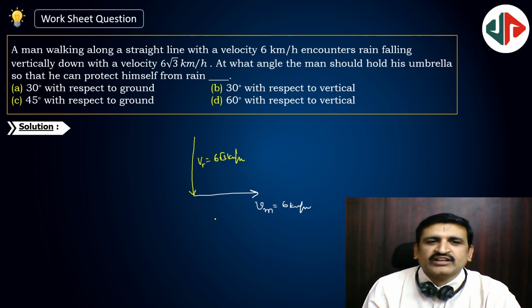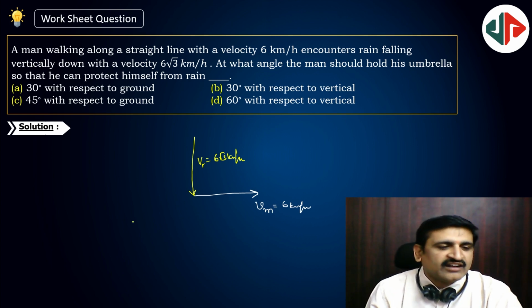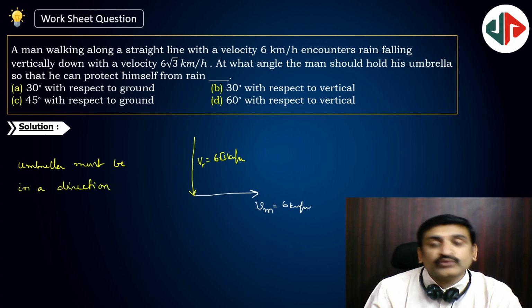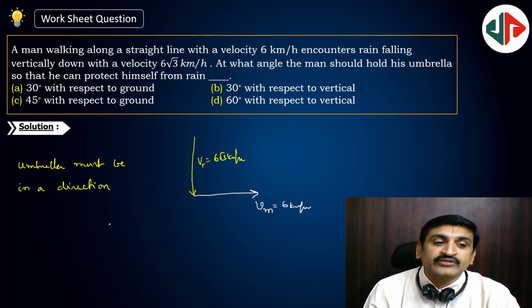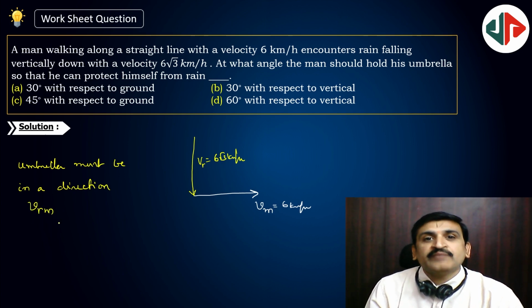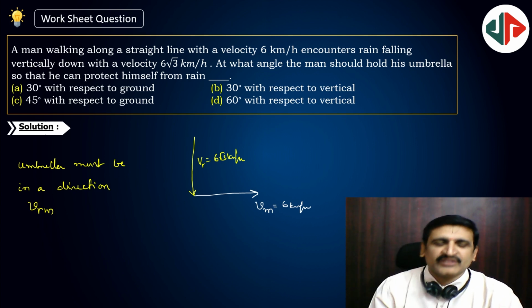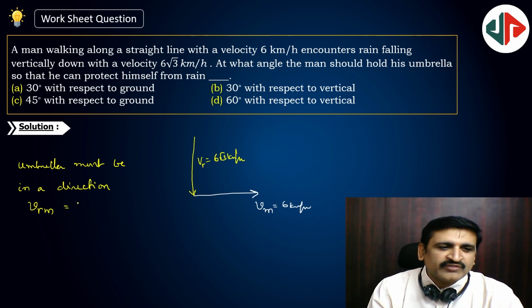Now, at what angle? The umbrella must be held in the direction of the velocity of rain relative to the man, VRM. Remember, in the direction in which rain appears to the man, one has to hold the umbrella. That is VR minus VM.